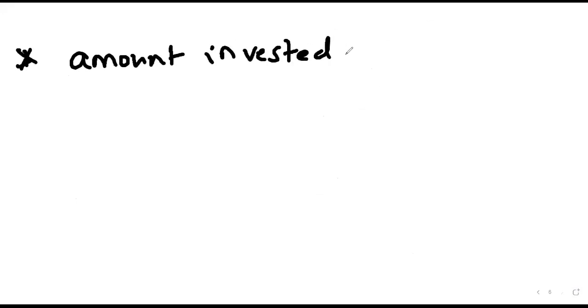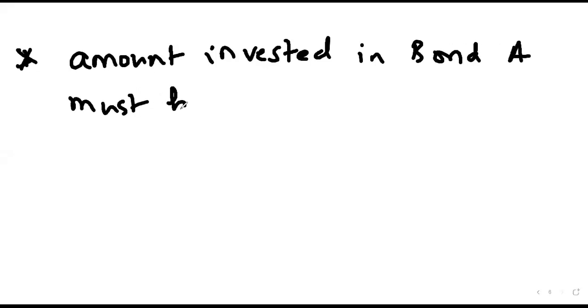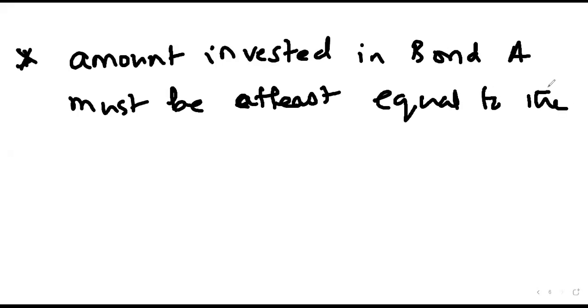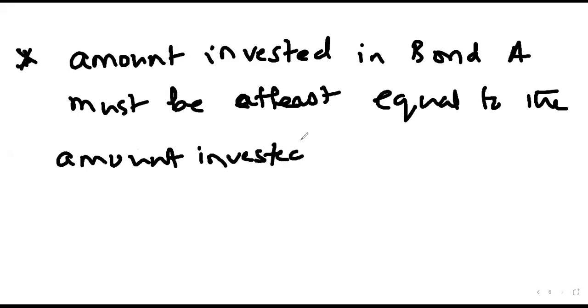So the next statement is: the amount invested in bond A must be at least equal to the amount invested in bond B. So any idea as to how we can represent this statement in the form of an equation?